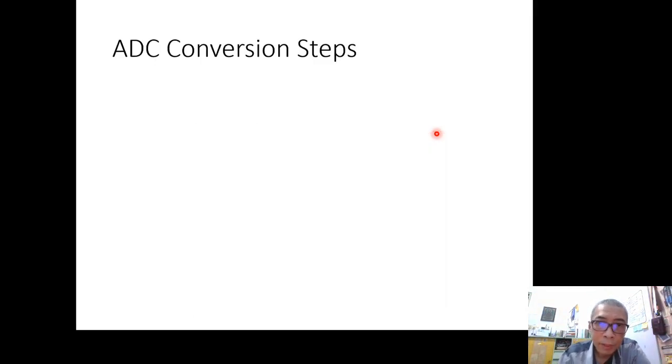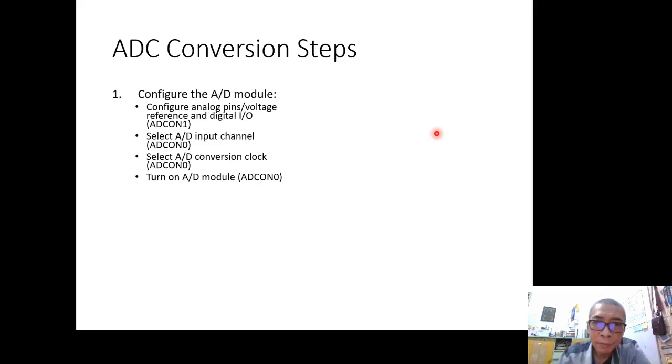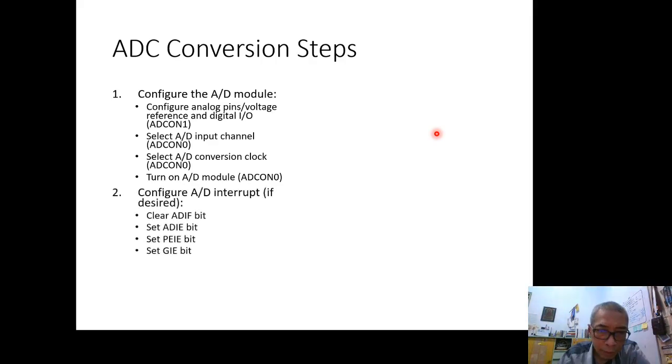Okay, this is the ADC conversion step. If you want to use assembly language or something like that, you have to use maybe seven steps. One is to configure the ADC module, and then configure the ADC interrupt if you decide to.